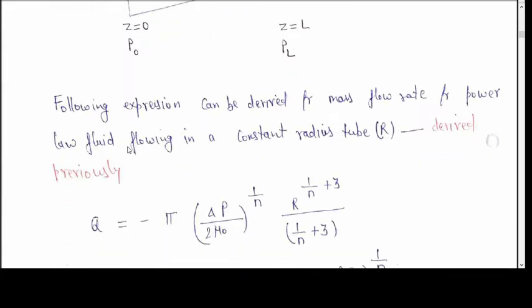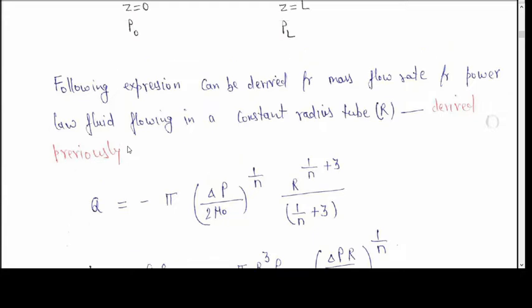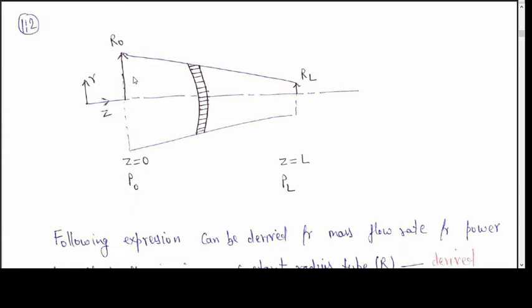So previously we have derived the expression for volumetric flow rate for power law fluid flow. This derivation was done in the previous lecture for power law fluid flow in a circular tube of uniform cross section. For the time being, for the power law fluid flow, the expression would be valid here.